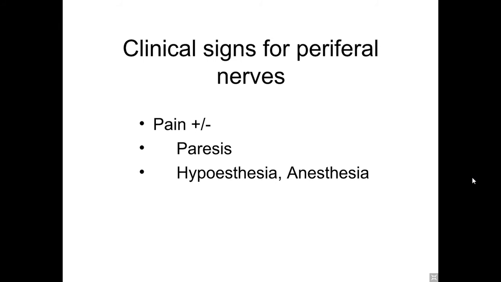We also could observe hypoesthesia or anesthesia if there is severe trauma of a peripheral nerve. But probably you know that the periphery of the skin is covered by overlapping autonomic regions of certain nerves.